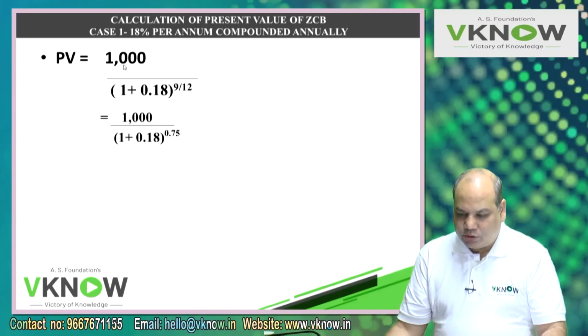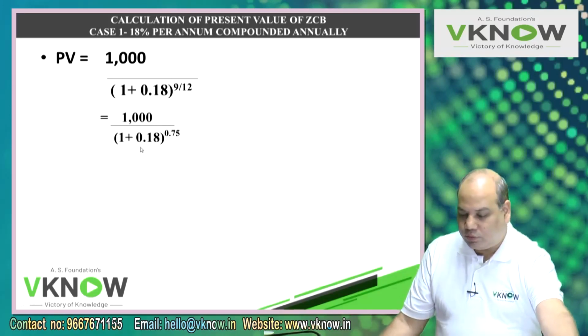Present value is equal to 1000 upon 1 plus 0.18 to the power 9 by 12. The number of years is 9 months, and 9 months means 9 by 12 years. So simplify: 1000 upon 1 plus 0.18 to the power 0.75.